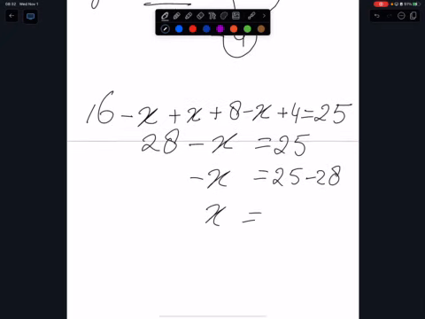And then x equals 3. So 3 people watched West Indies play Australia and England. Multiplied by minus 1. I did 2 steps in one go.